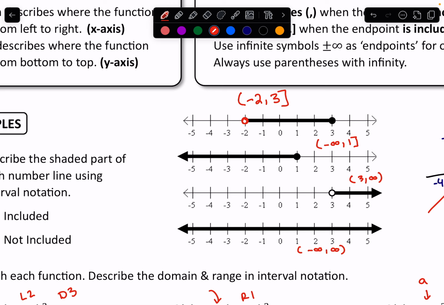The way I like to say it is it includes all real numbers, and there's a symbol for that. It's like an R, but with 2 lines for the up and down instead of just 1. It's got like 2 backs instead of just 1 back. That means all real numbers. That's the same thing as writing negative infinity to infinity.